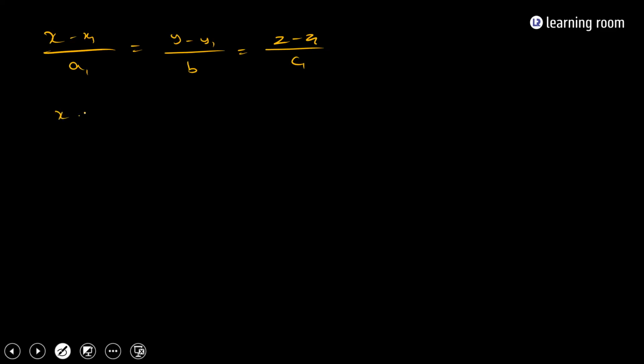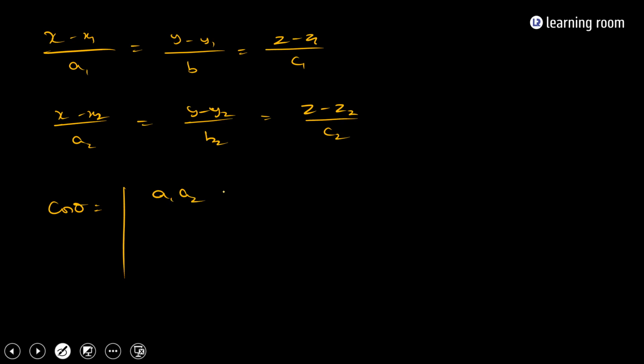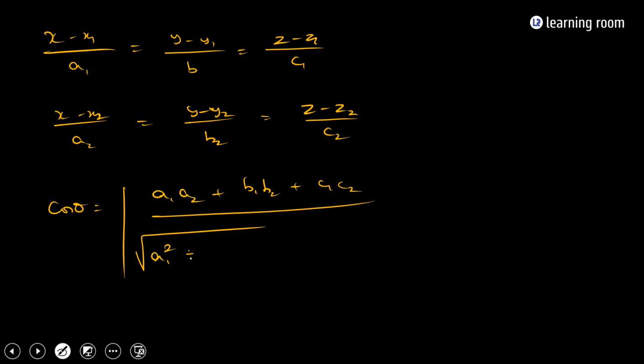Similarly, x minus x2 by a2 is equal to y minus y2 by b2 is equal to z minus z2 by c2. Then cos theta will be equal to a1 a2 plus b1 b2 plus c1 c2, the whole divided by root of a1 square plus b1 square plus c1 square into root of a2 square plus b2 square plus c2 square.